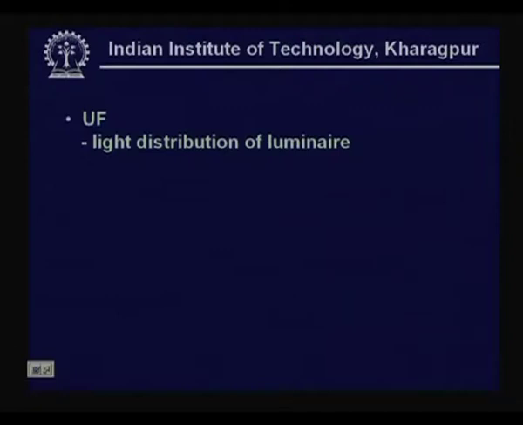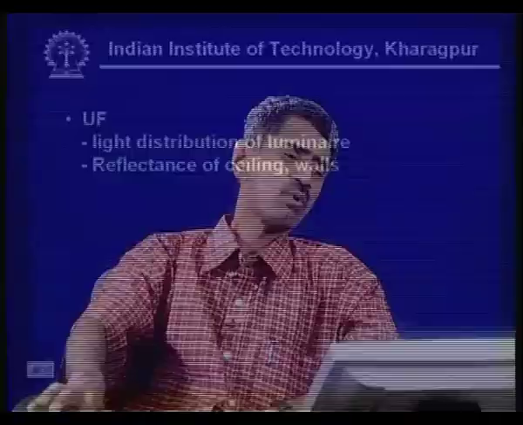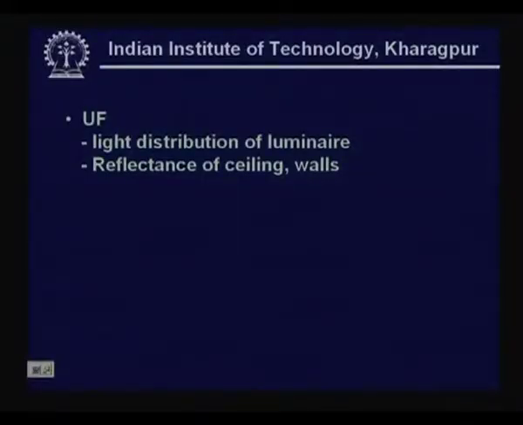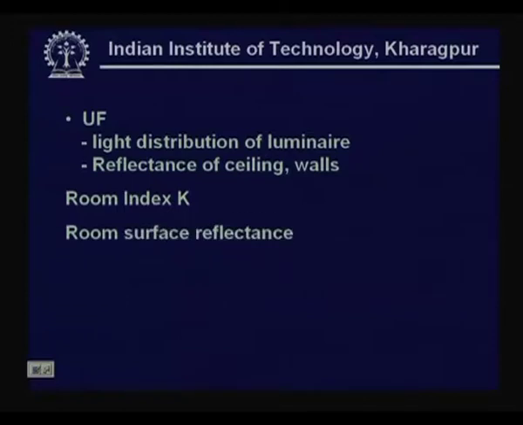Now, the utilization factor is one factor we said needs to be taken into account in order to work out the average illuminance. This depends on the light distribution of the luminaire, which comes in the form of polar curves in the horizontal plane and the vertical plane. We showed that in the lecture on photometry, and in fact, in early days, to arrive at mean spherical luminous intensity, one would go through the Rousseau curve, which is not necessary these days.